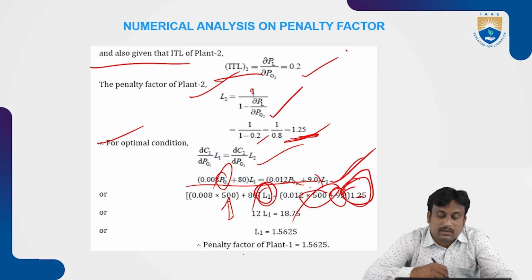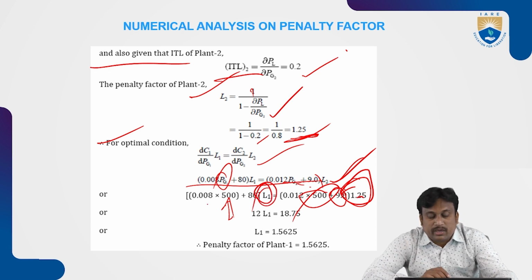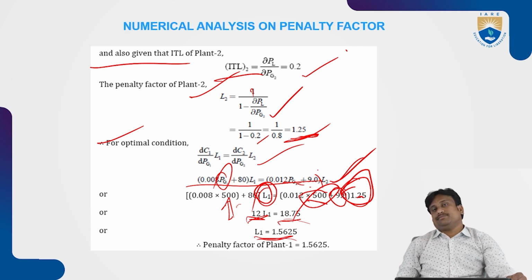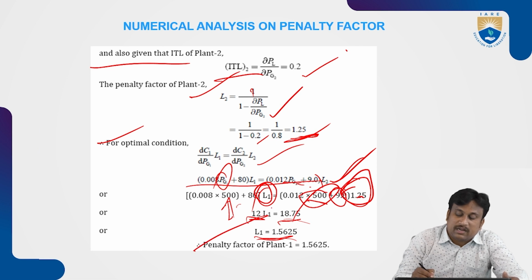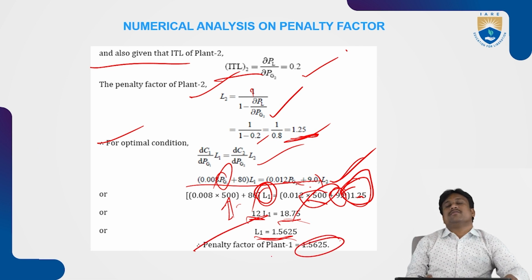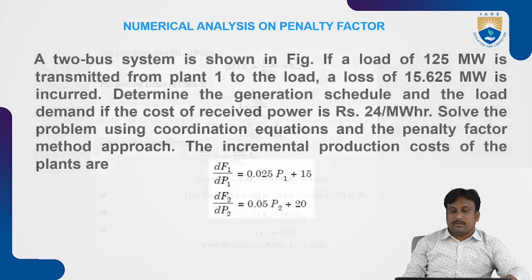L1 we need to calculate. So 0.008 into 500 plus 8 gives 12 L1, and the right side is 18.75. So L1 is finally 1.5625, which is the penalty factor for the given plant.